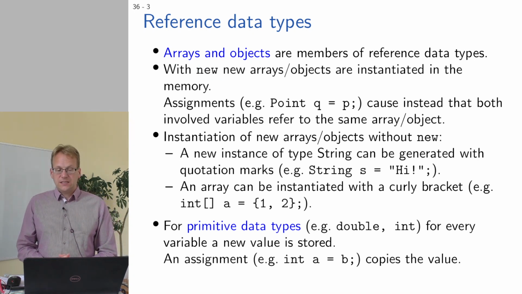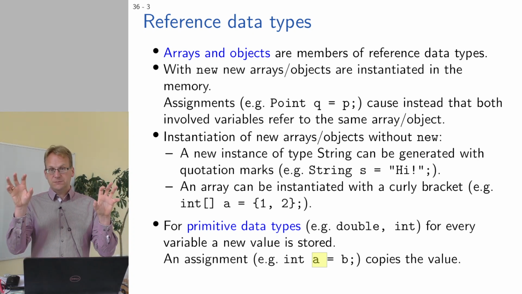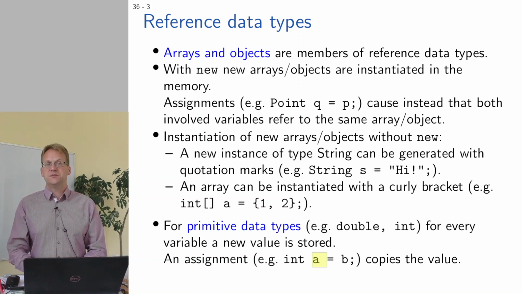Well, for primitive data types, double, int, char, long, float, boolean, just to remind you of the one slide with the primitive data types which I have shown earlier. There, if we do an assignment like this here, we are actually creating a copy of the value. So we read out the value in B, and A will get the same value. But A and B are stored separately as two independent int numbers in the memory of the computer.